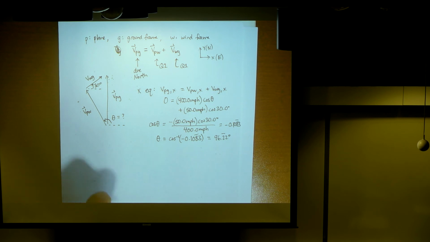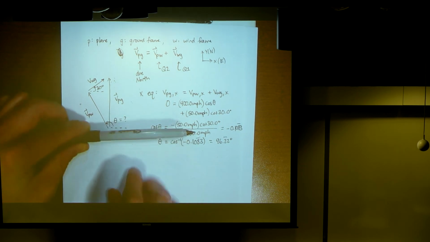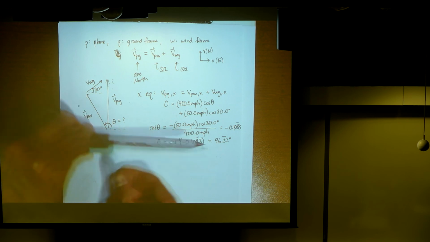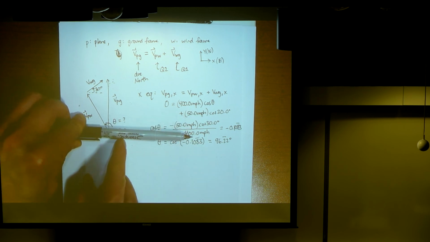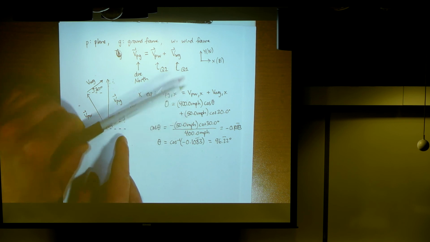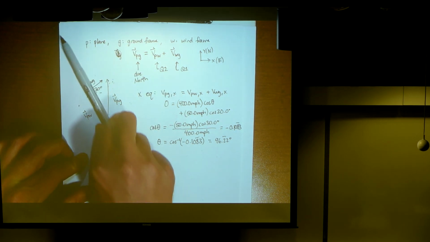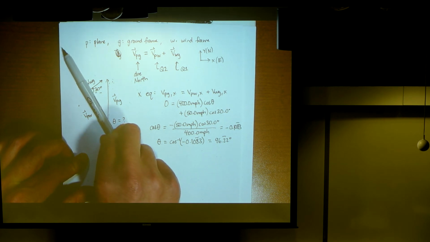So let's think about that. This is saying if we're looking at our plane's velocity vector relative to the wind, I would measure it like this. I'd start here, and I'd go 96.22 degrees this way. And then I'd be pointing in the correct direction. Okay?